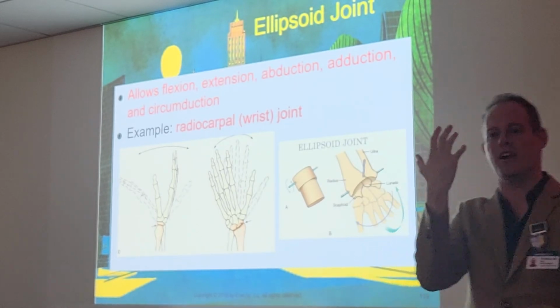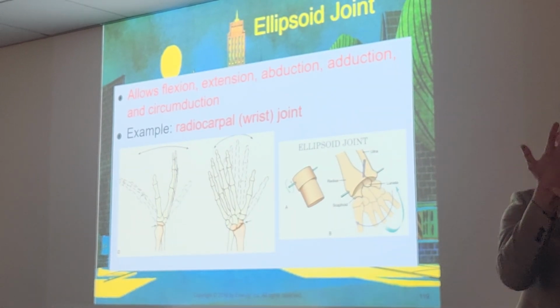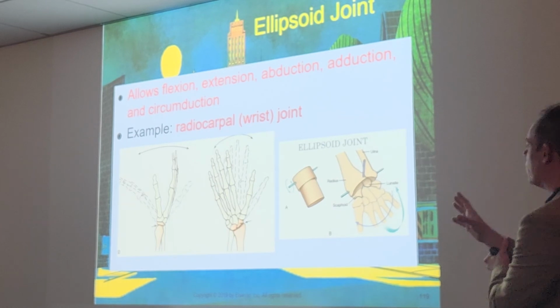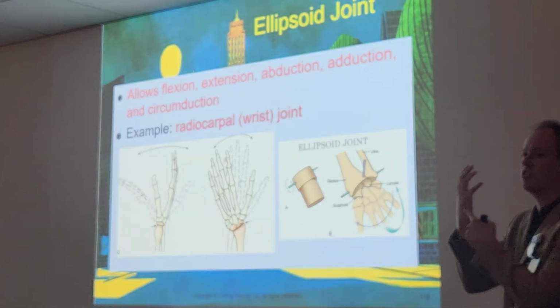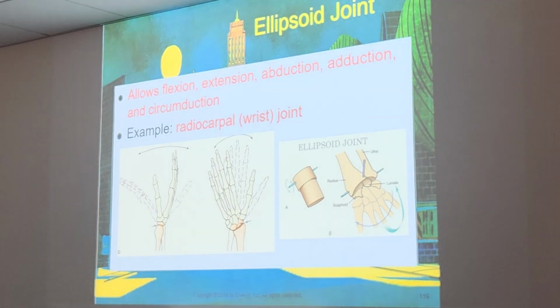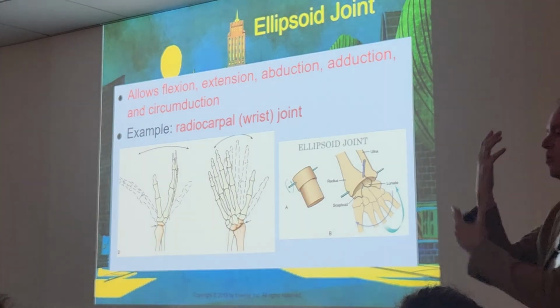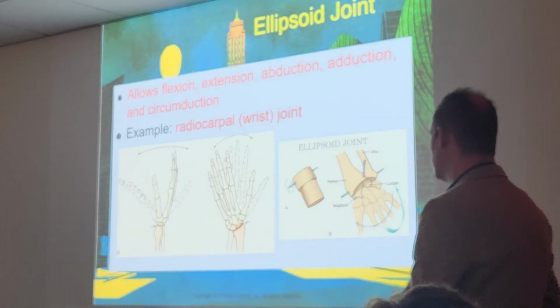So a little overlap there, because remember those carpal bones found in the same area are also those gliding joints. We're talking about the radiocarpal, that's the attachment of the radius to the carpal bones themselves. Allows me to do this circular motion, this waving motion. I can wave goodbye like this. That's our ellipsoid joints.